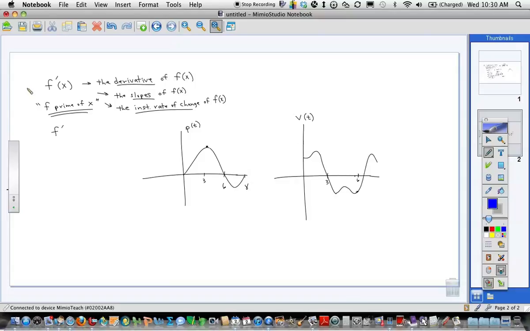What's this peak down here? Where's that at? About 6.5. My picture's not very good, but that peak should correspond to this one at about 6.5. Right? Again, these values are decreasing.